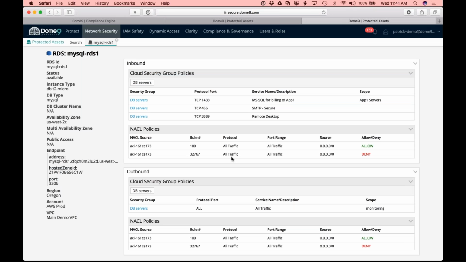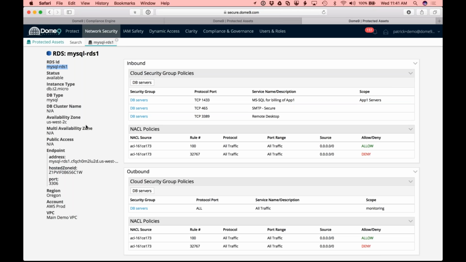And if you recall, when we looked at Clarity, we actually saw this, right? We looked at the DB server security group, which was in the internal zone, and we noticed that we had an RDS instance called MySQL RDS1. In this case, we're not measuring security group coverage. We're measuring through the compliance engine whether it was encrypted or not. But we can click on it.